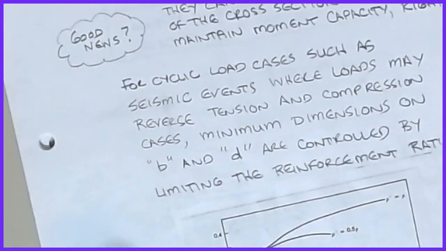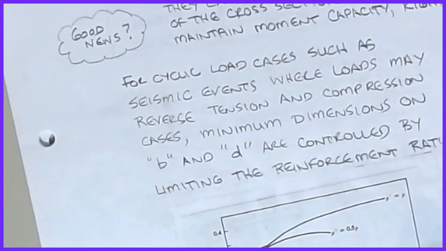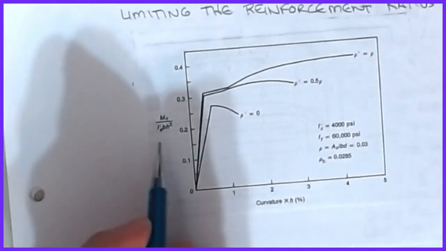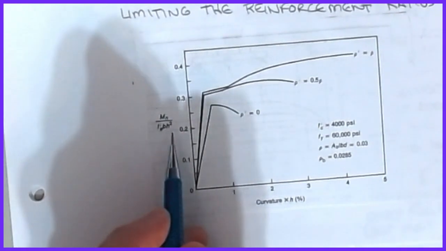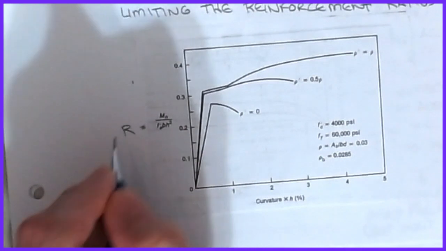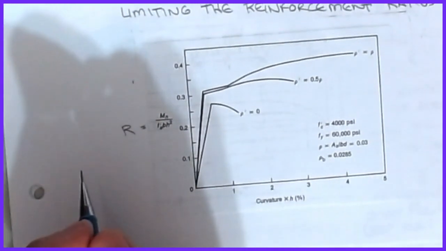So what they've done is they've plotted, and if you look at the formula in this graph here, I have Mu over my concrete stress times b d squared, or b h squared. This is basically calculating that R factor from those tables that we're dealing with.